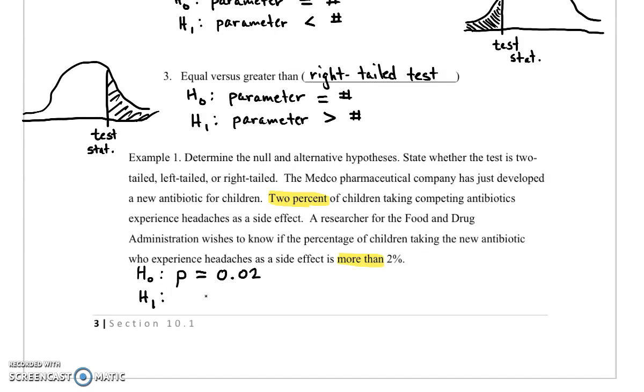H1 is our claim that the FDA wants to know if the side effects of headache is more than 2%. So that's greater than 0.02. So since it's a greater than, it is a right-tailed test.